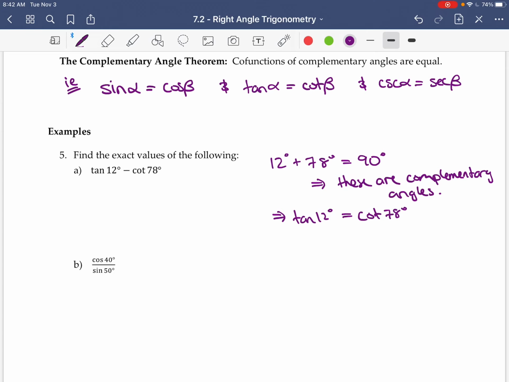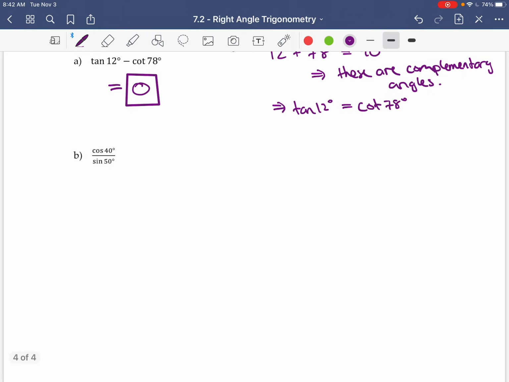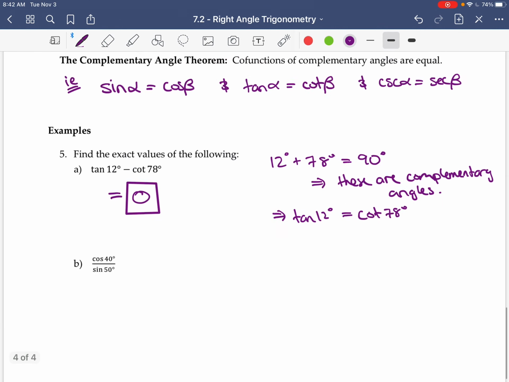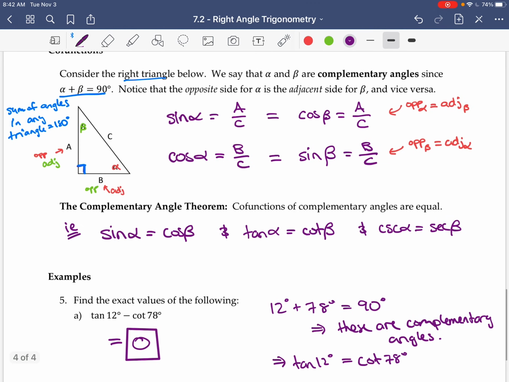So those two things are actually equal, which means that they subtract to give me 0. So this is going to simplify to 0. Now I'm going to leave part B for you to do. And those are the basics for the trig functions defined on a right triangle.